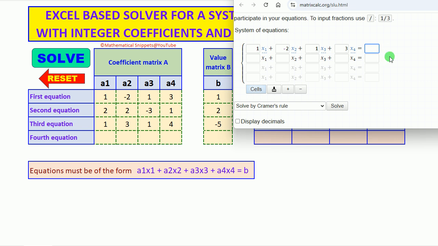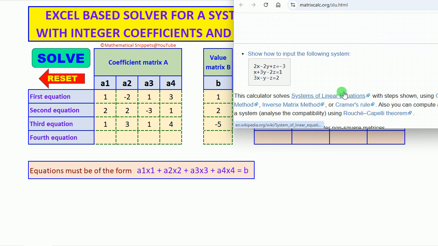Then I put 1 here, then 2 here, again 2 here, again -3 here, again 1 here, and then 2 here, and the last one is 1, then 3, 3, then 1, then 4, and then -5.